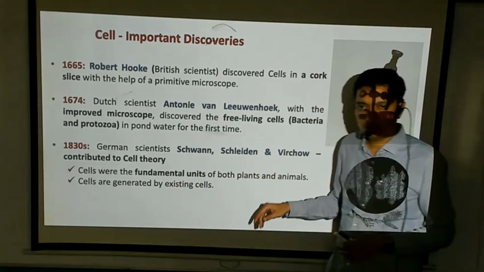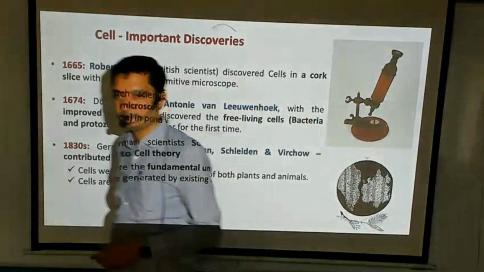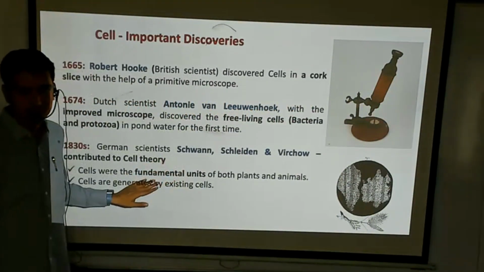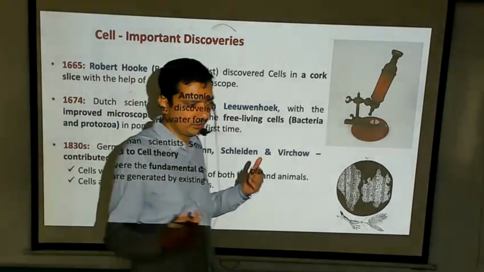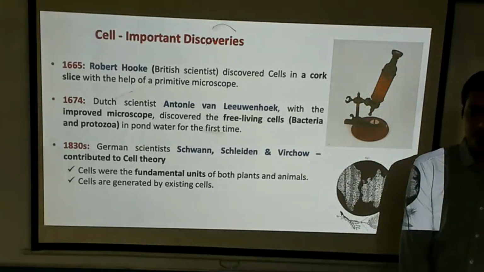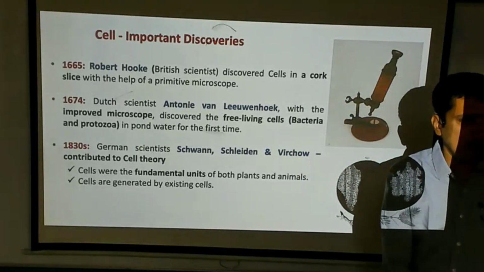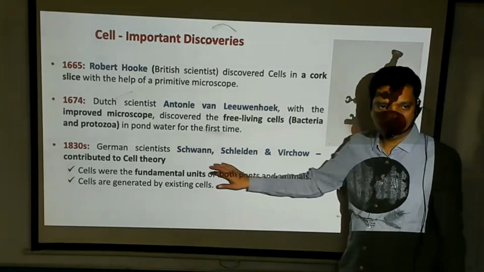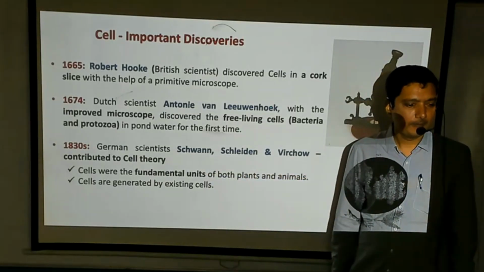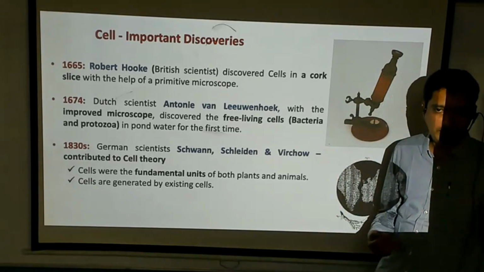These are the two important components of this theory: cells are fundamental units of life, and cells are derived from existing cells. So this cell theory was given by Schwann, Schleiden, and Virchow. These are some important names of scientists.